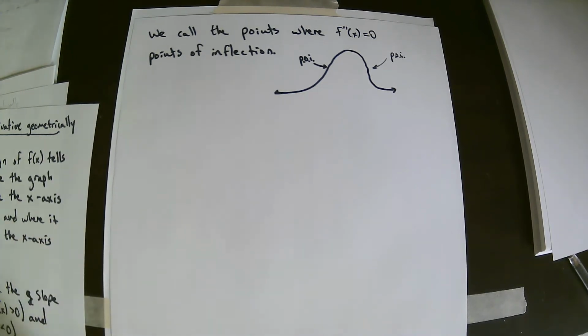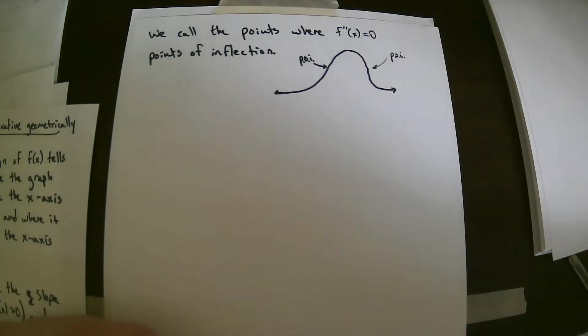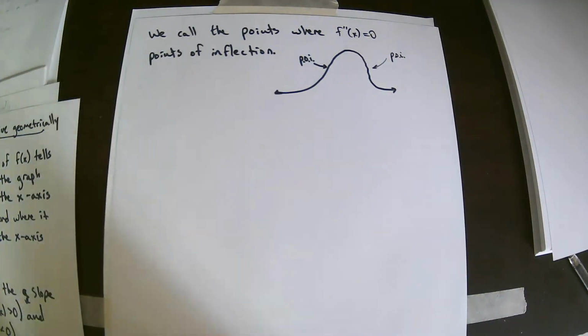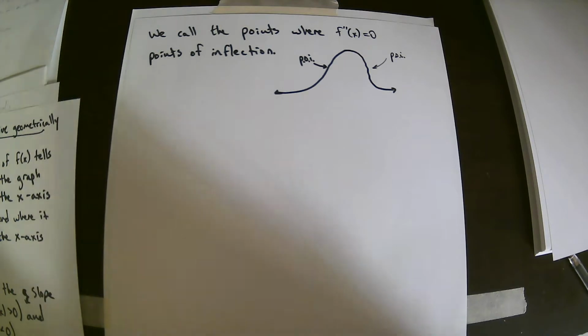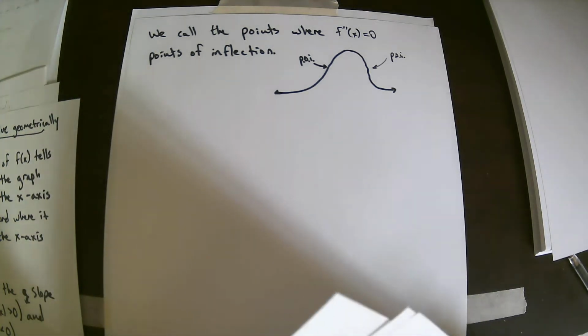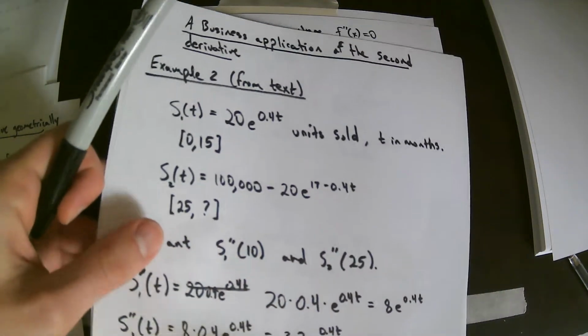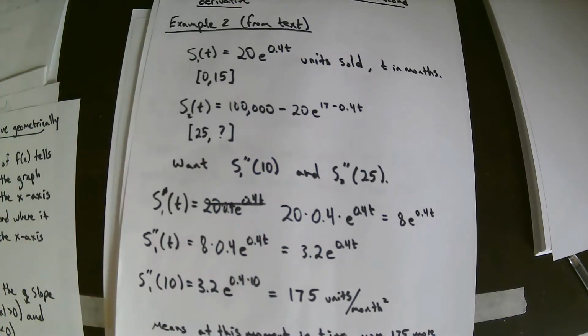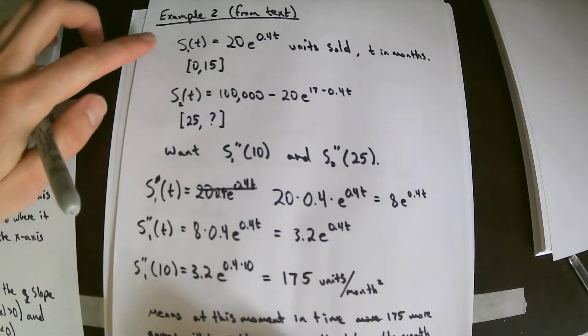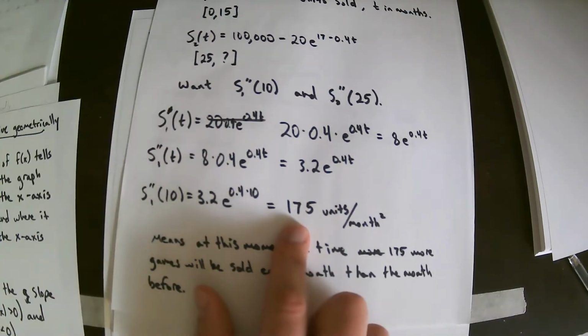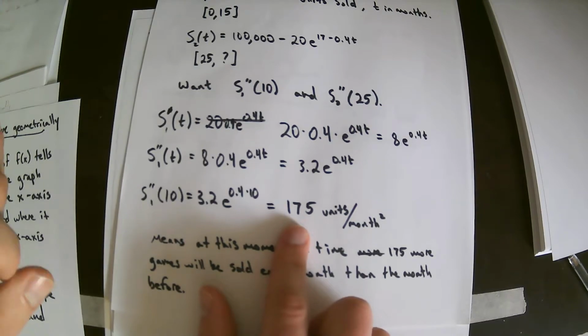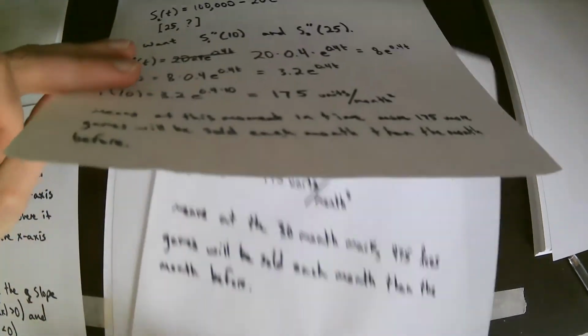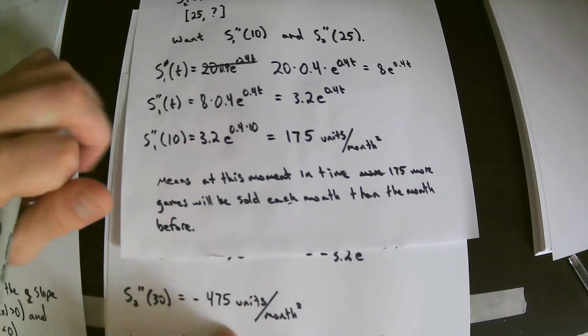If you think about that example we did before with the acceleration of sales, that would have been useful for knowing when our sales leveled off, because somewhere in between these two functions we went from positive acceleration, 175 units per month squared, to a very large negative acceleration, which is bad, right?